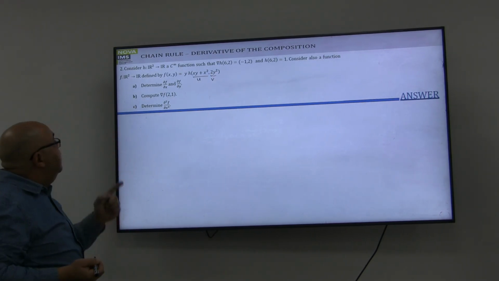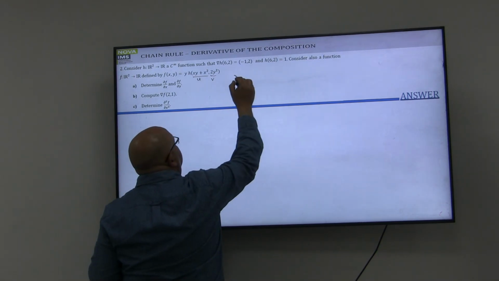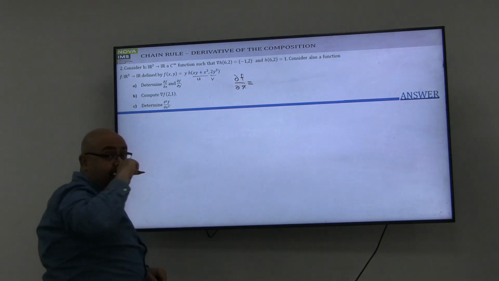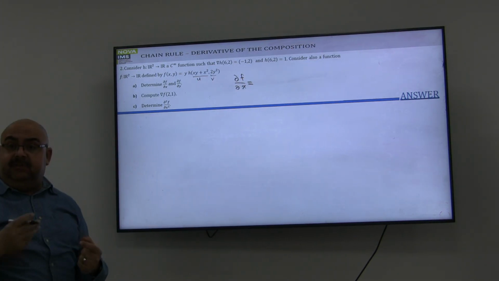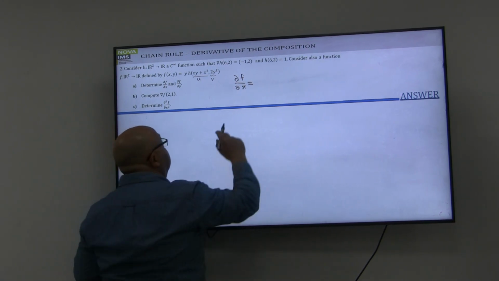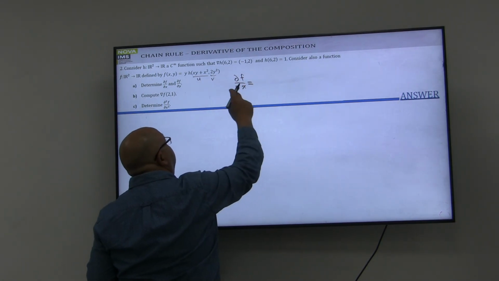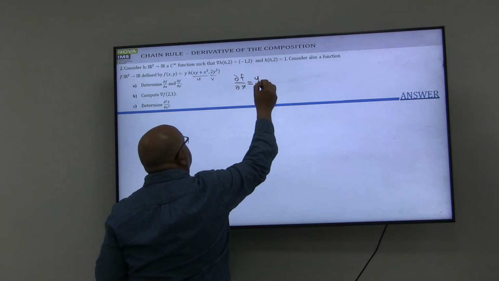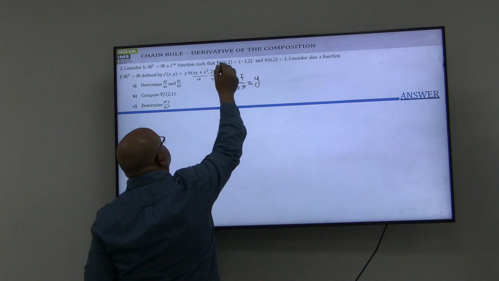And then differentiating partial f, partial x will lead to: if I'm differentiating f with respect to x, it means I will differentiate h, because it's a function in h but just multiplied by y. Since we are differentiating with respect to x, then y is a constant, so y will come down. Then I will differentiate this part.